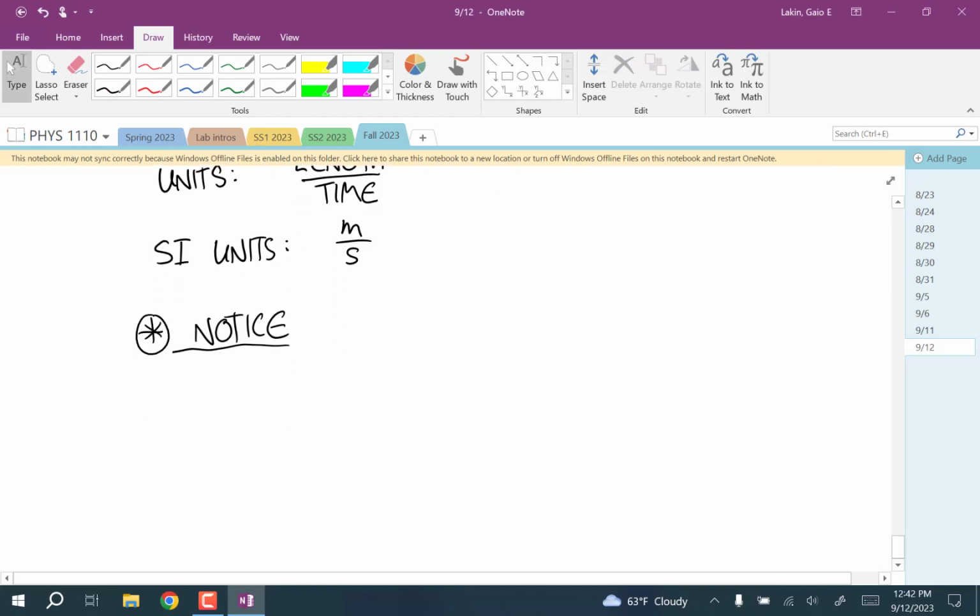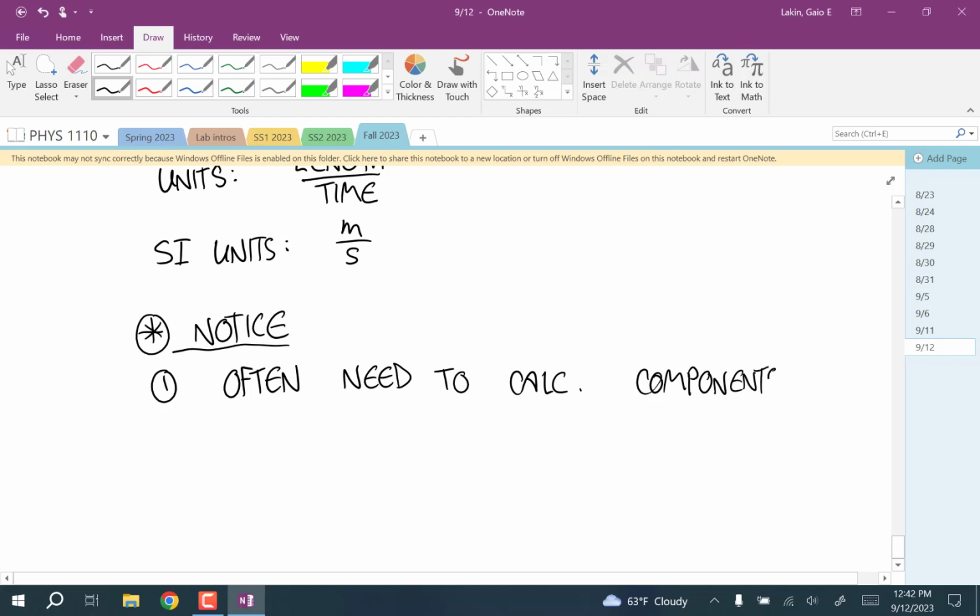The first one is you often need to calculate velocity components from a speed and an angle. So you often need to calculate the components of the velocity vector from the object's speed and angle.